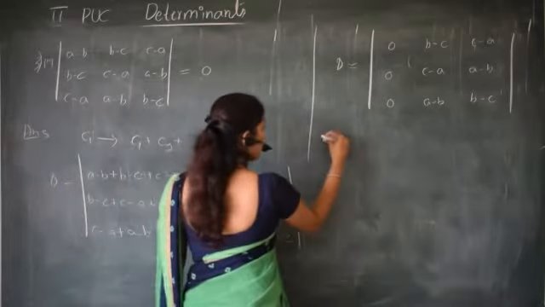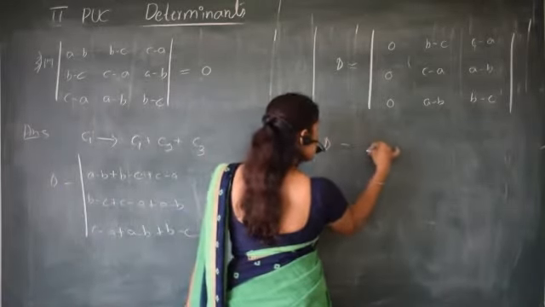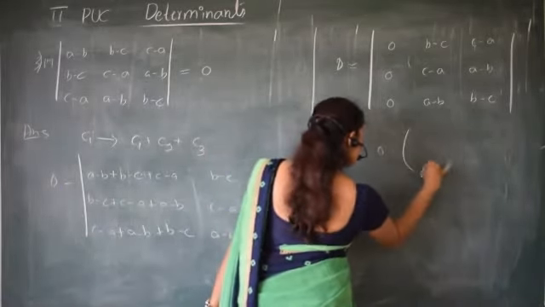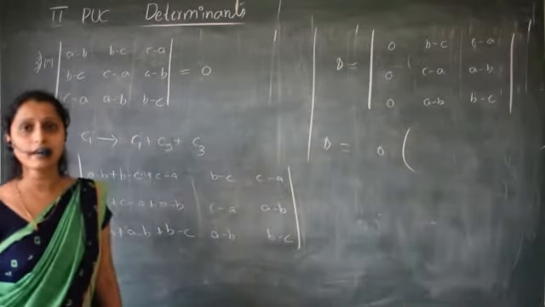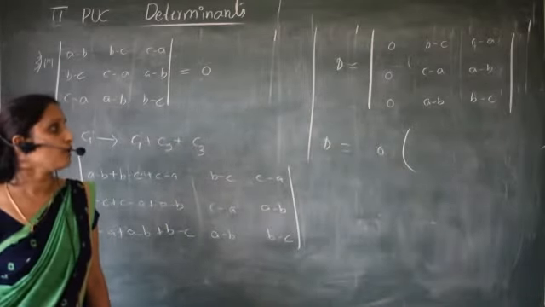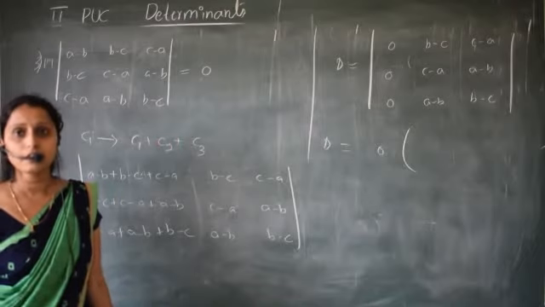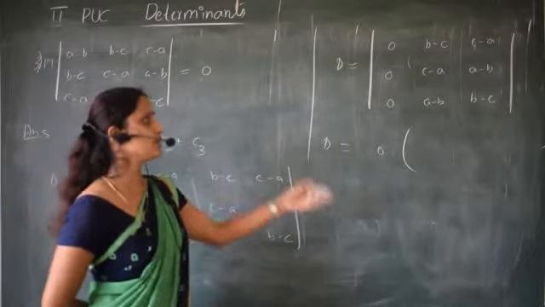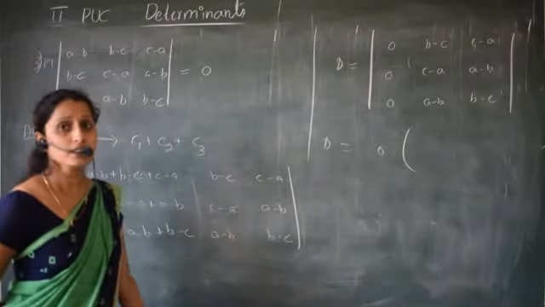So delta is equal to 0. Why is it 0? We know that if any row or column is 0, then the determinant is 0, because expanding along C1, everything is 0 times something, which means 0.